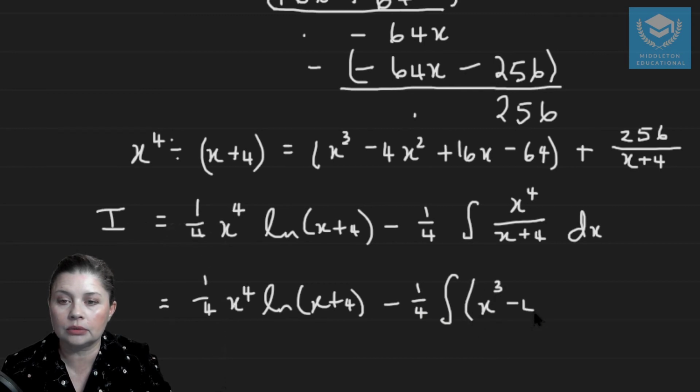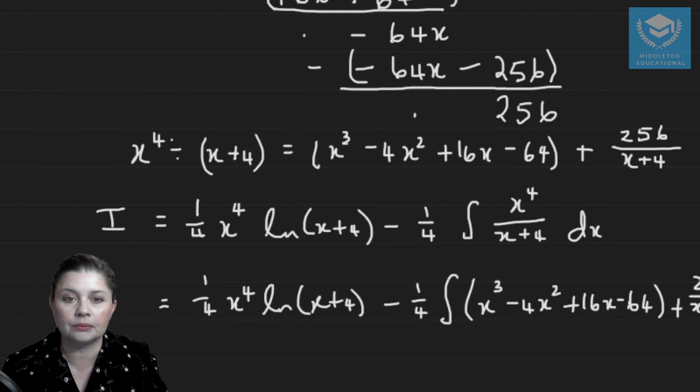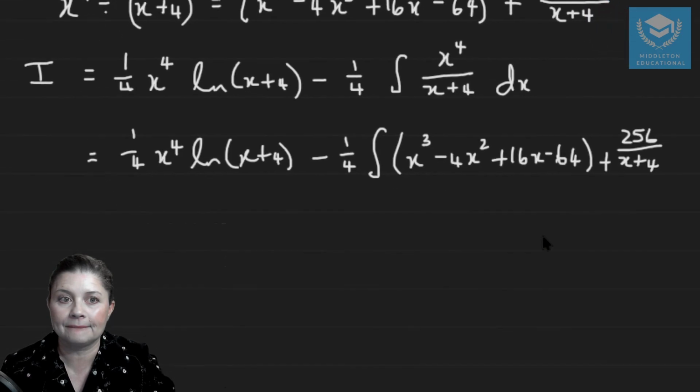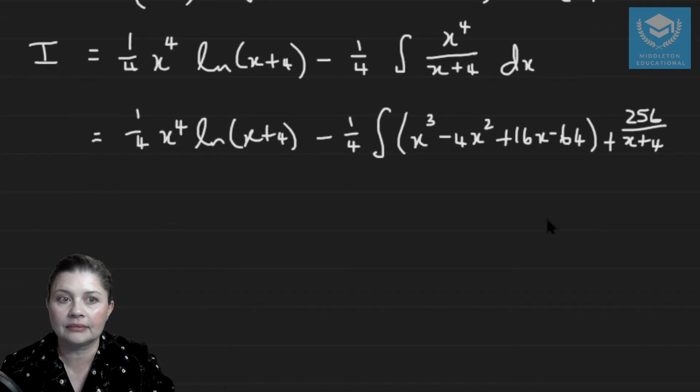x cubed minus 4x squared plus 16x minus 64 plus 256 over x plus 4. So that's what we've got now.